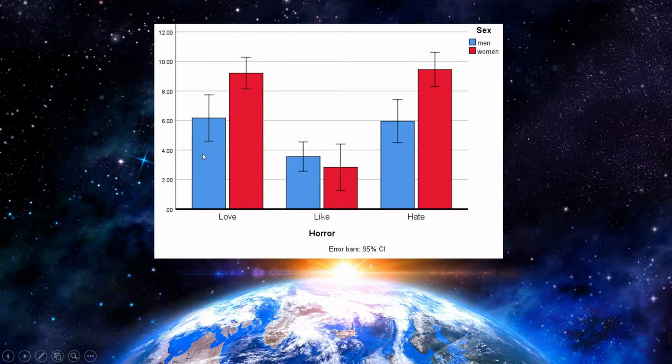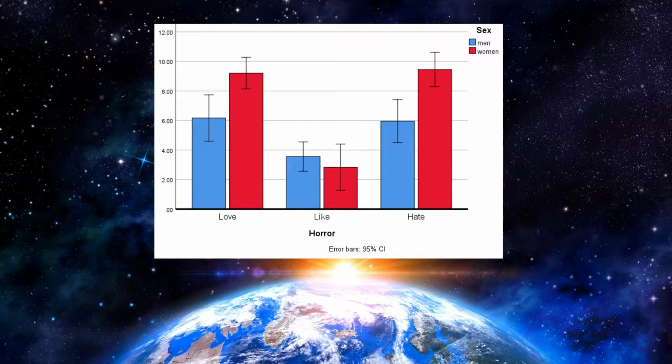This is what the men reported in terms of their fear scores, but it depended on whether they loved, liked, or hated horror movies. And then finally, the red bars are the women. If we just look at the women, we can see that whether they have self-reported fear scores that are very high or low depends on whether they love, like, or hate horror movies. So we do have an interaction effect here.